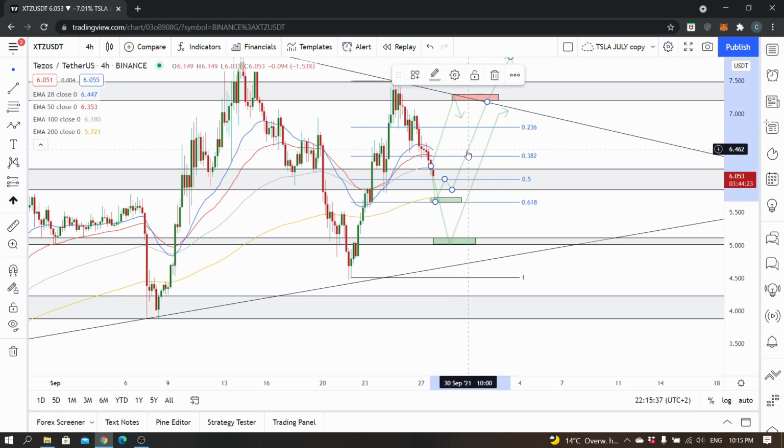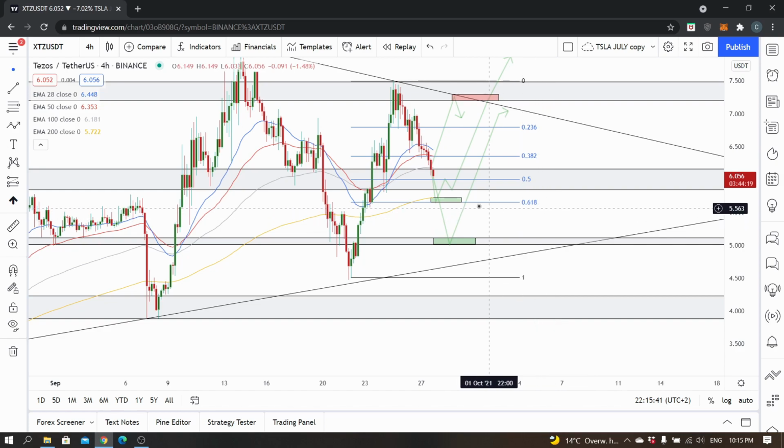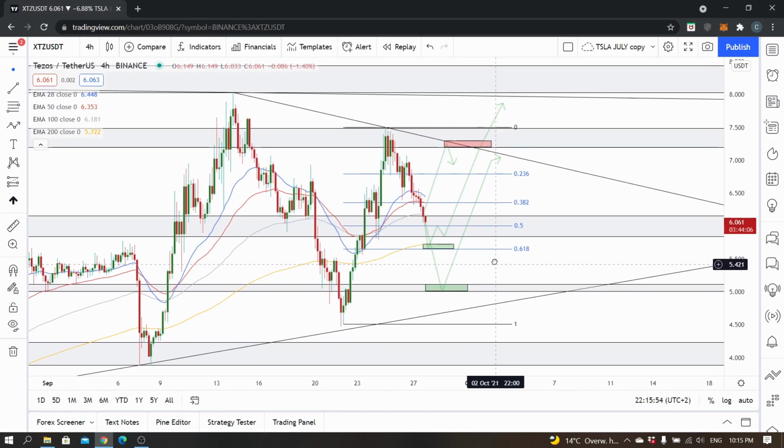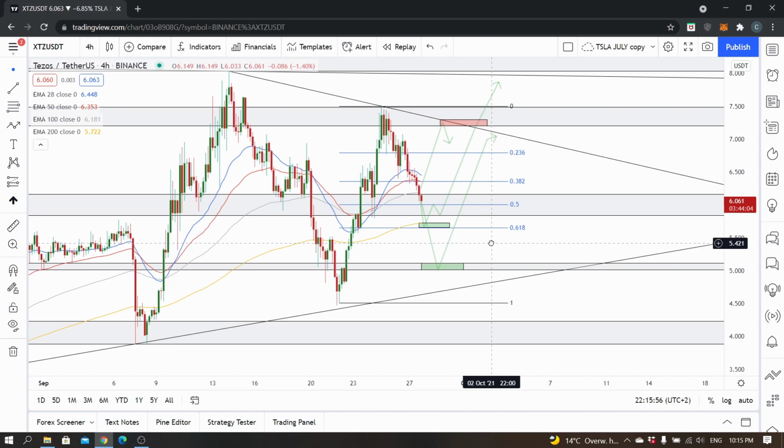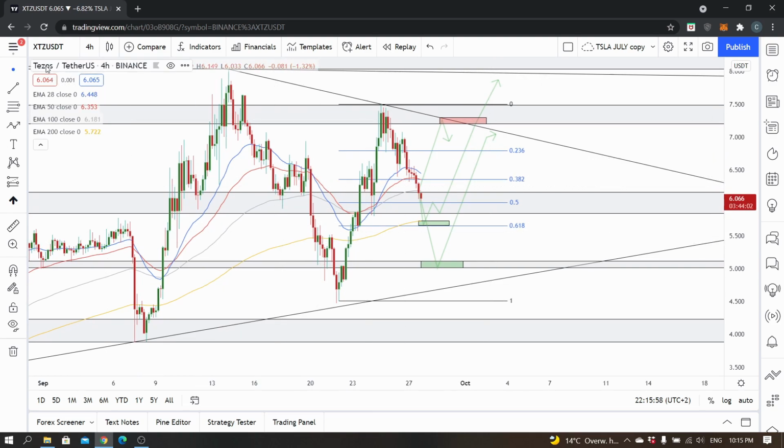If it is actually going to break through this key level entirely, I am not quite sure. But you could definitely make at least 5% of this. So if it goes from here to maybe here, I think that's already 5%. So yeah, that is a quick price analysis and a technical analysis of the price of Tezos cryptocurrency.